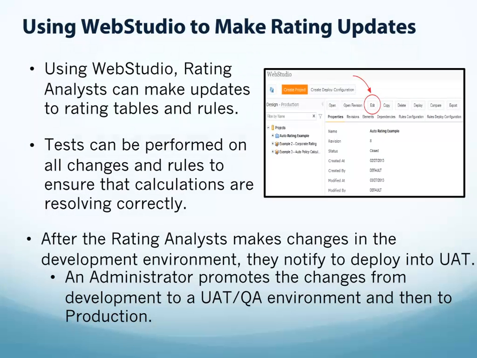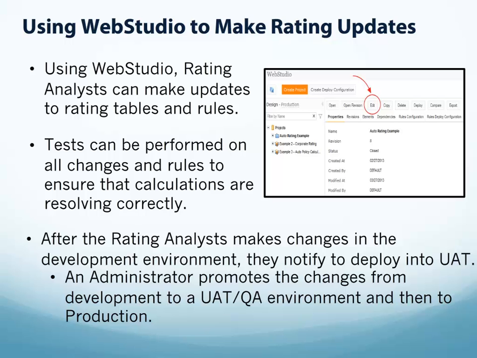At a very high level, we're going to discuss the changes that an analyst will use in WebStudio to make rating updates. So, for a business user, they can use WebStudio to make updates to rating tables and rules. After they make those updates, they can then perform tests to see if all the changes that they made to the rules or data resolve in expected results.